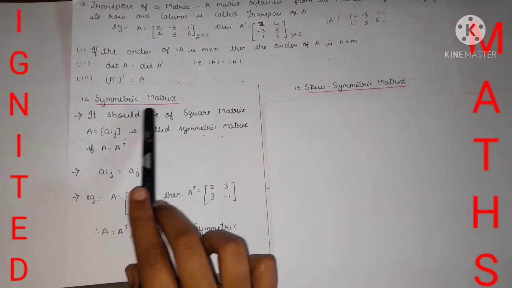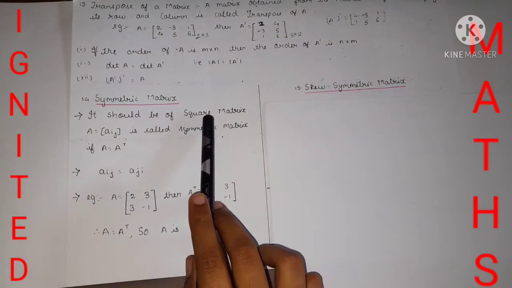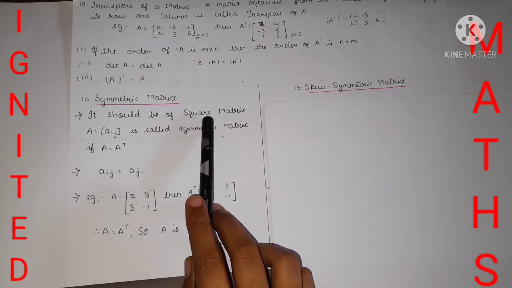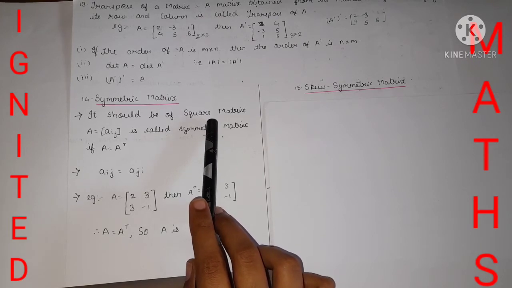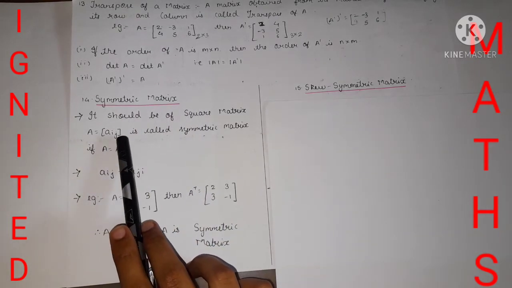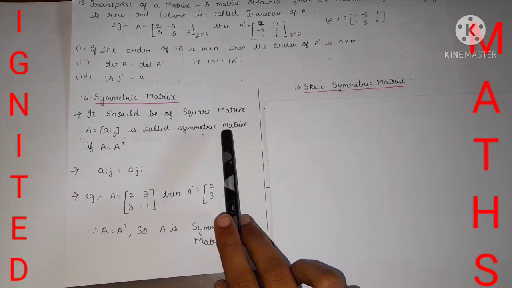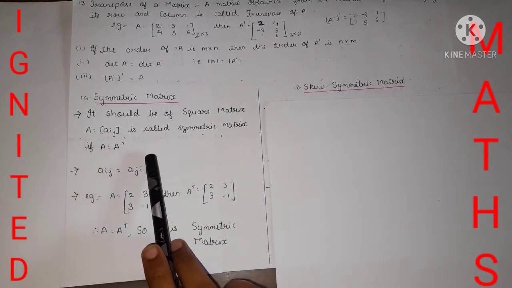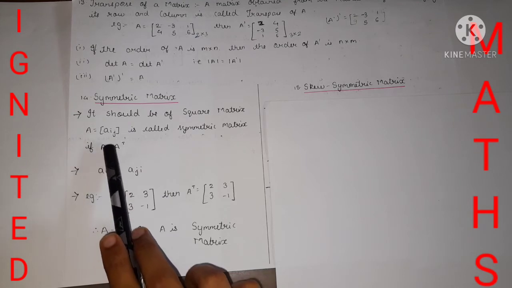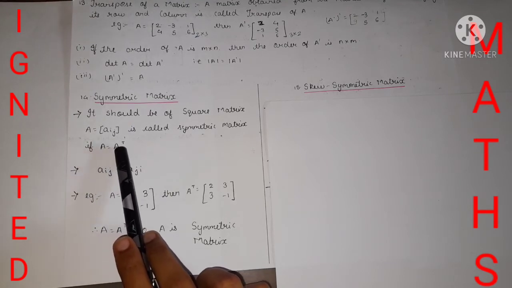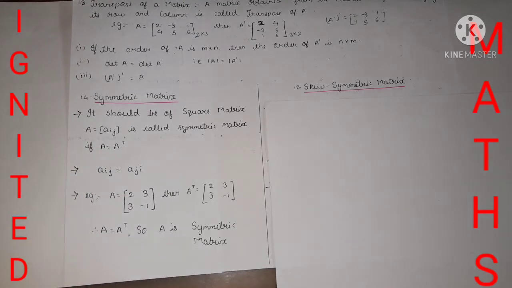The definition of the symmetric matrix says that it should be a square matrix. A square matrix is nothing but the number of rows and number of columns being equal. A equal to Aij is called a symmetric matrix if A is equal to A transpose. A is any matrix, and after transposing it should also be equal, then only it's called a symmetric matrix.